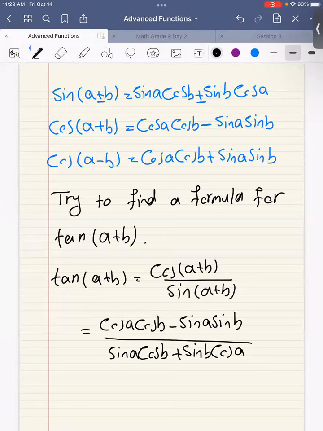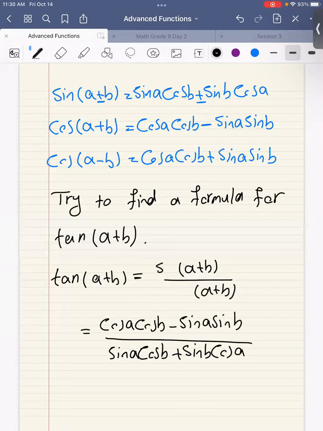Oh, I got it. Wait, I think you can divide each term. By the way, sorry, something I did wrong. Tangent is equal to sine over cosine. My mistake.